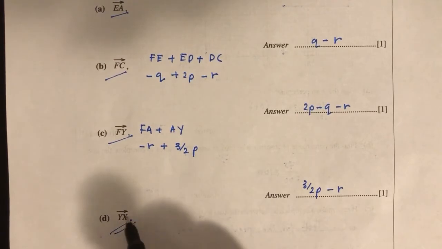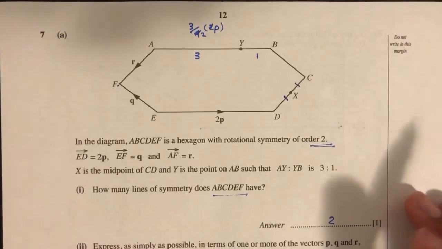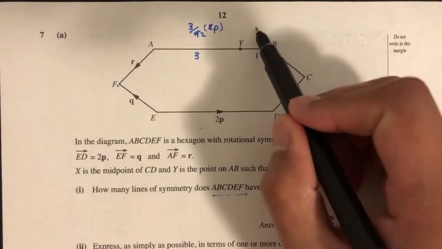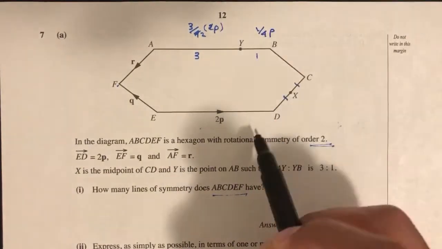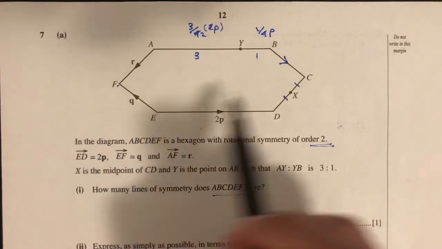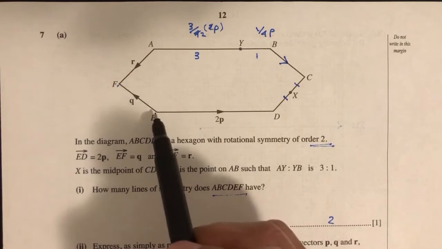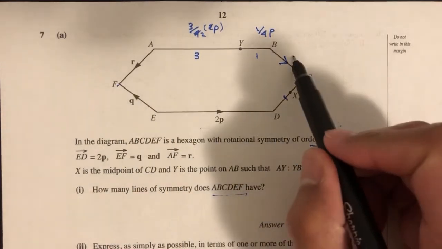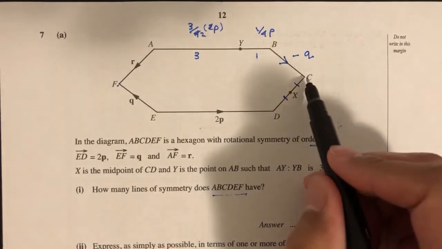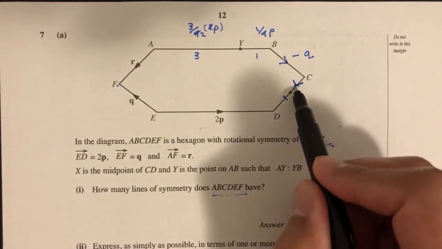Now last one, YX. Where is YX? So we have to move this. This will be 1 over 4P. And what is this direction? If this is Q, BC will be minus Q. And then we have to move C to Y in this direction.